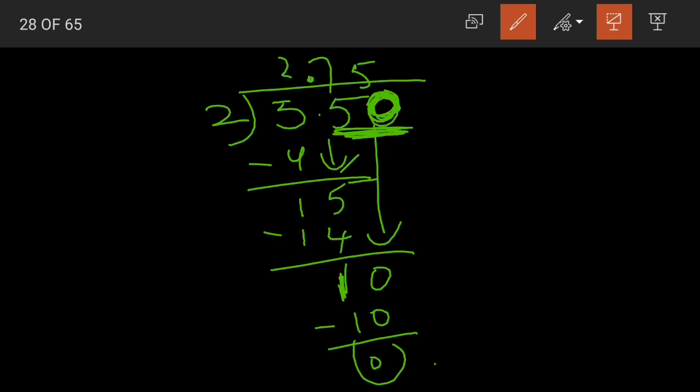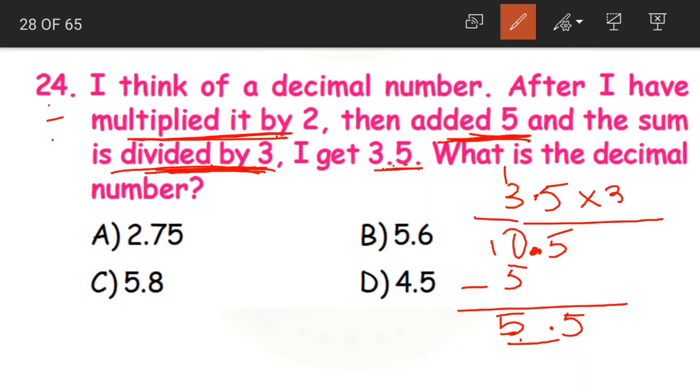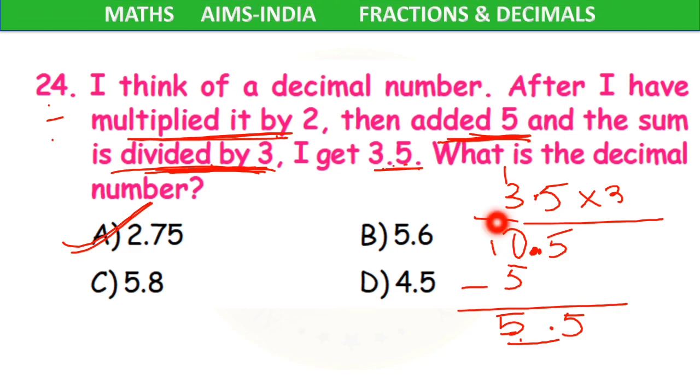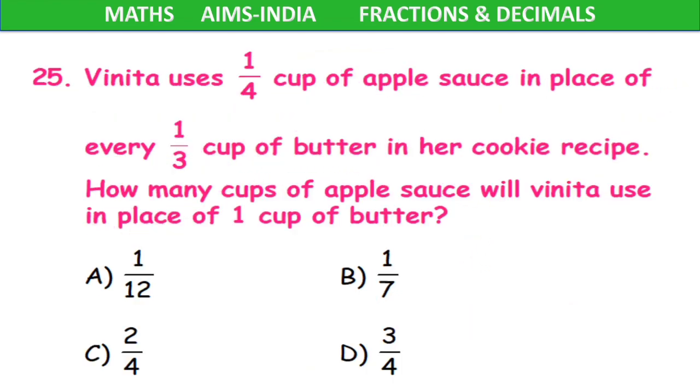So even in the quotient, I'll place the decimal point after 2 digits from the right. So our answer is 2.75. Again we got option A, 2.75 as our correct answer. Understood?